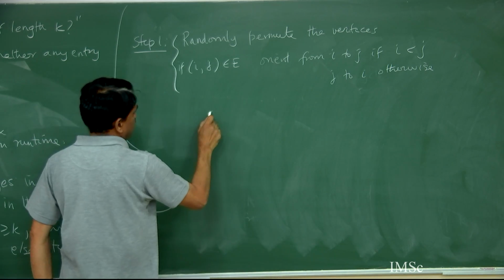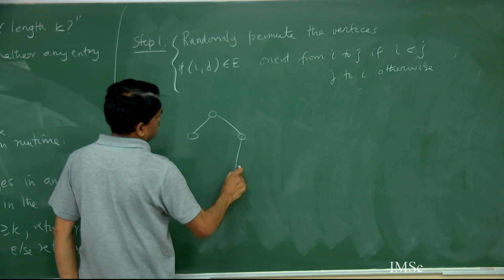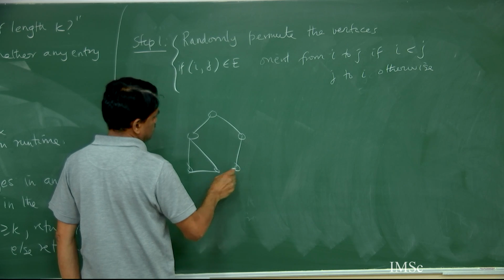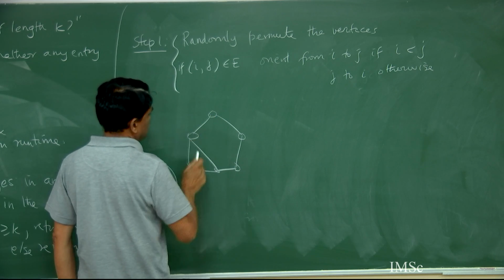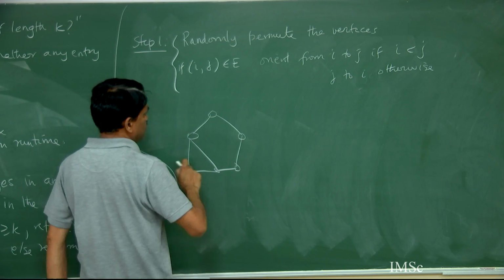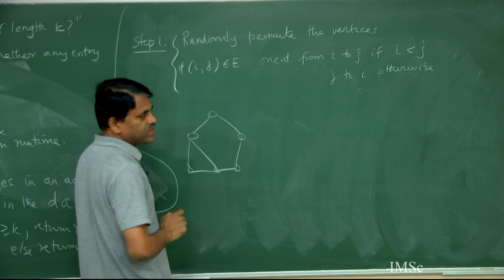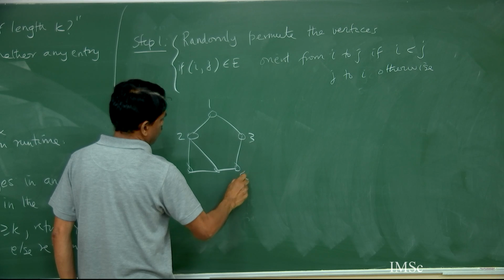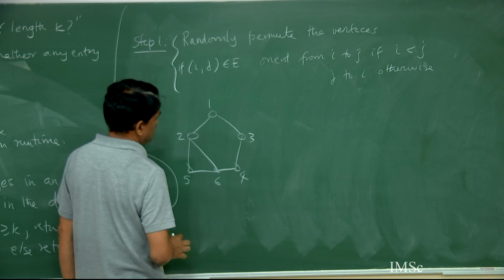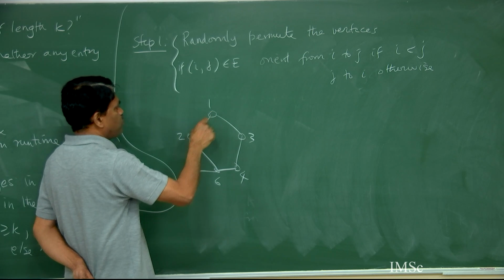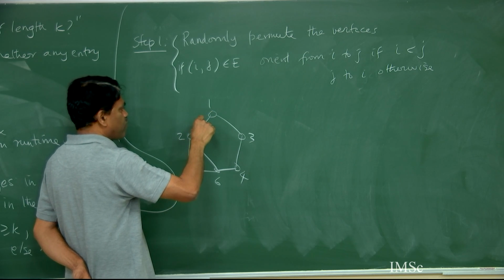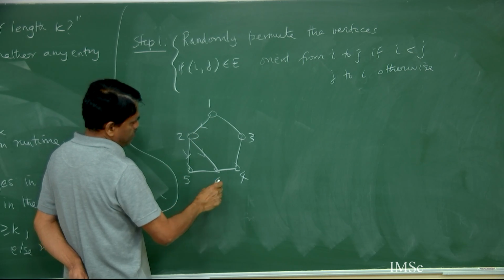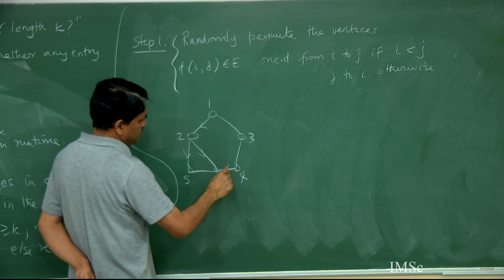So if I have a graph like this, first I give some random permutation. So, ignore the initial labels. I am going to say this is vertex number 1, 2, 3, 4, 5, 6. Now, I look at the edge 1, 2; I will orient it from 1 to 2. This is oriented this way, smaller to larger vertex.